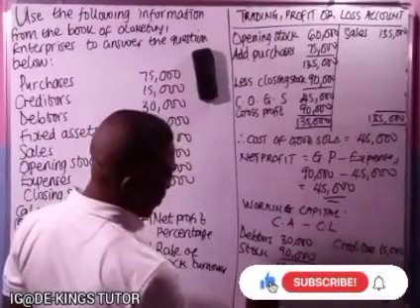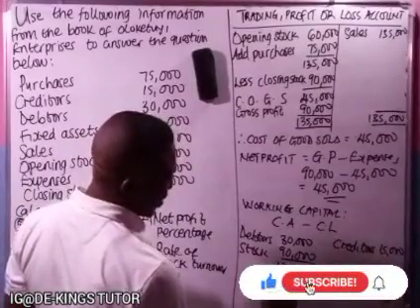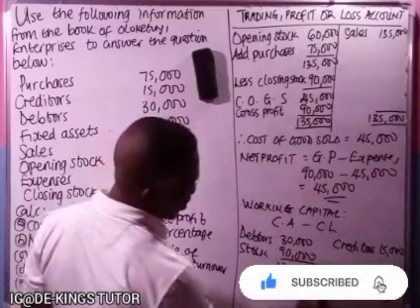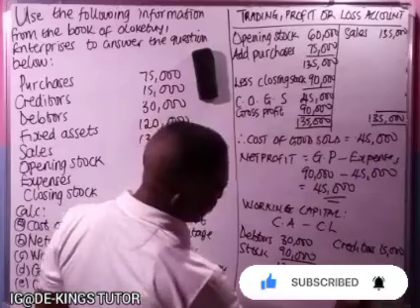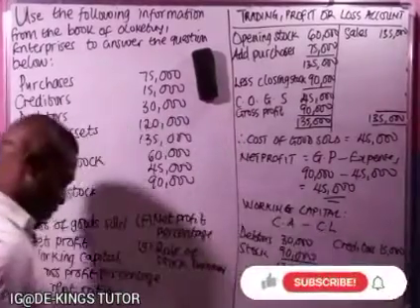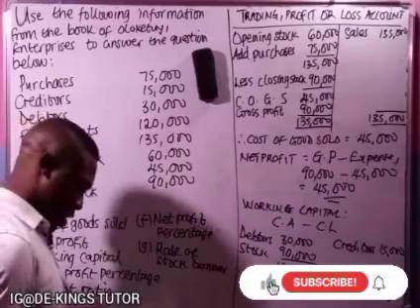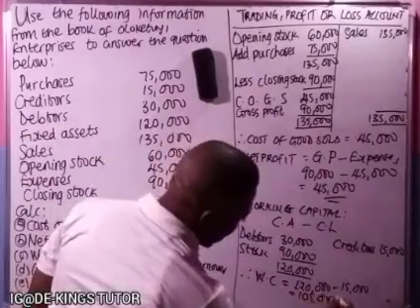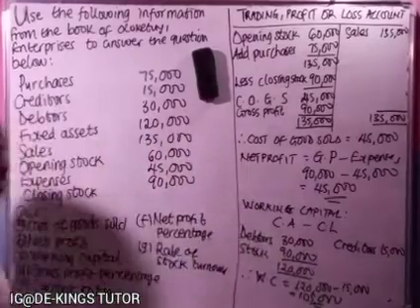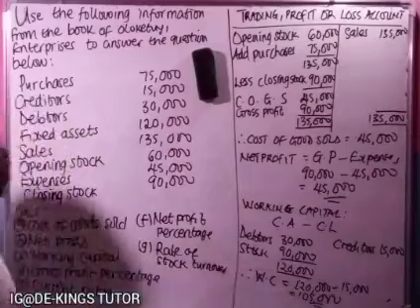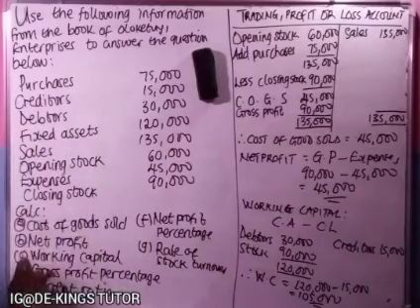Now, therefore, our working capital, which is current assets, is 120,000 minus 15,000. So 120,000 minus 15,000 will give us 105,000 as our working capital. Okay, so that's the third one, C.